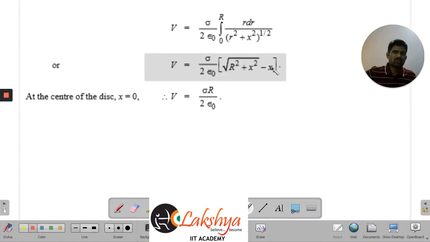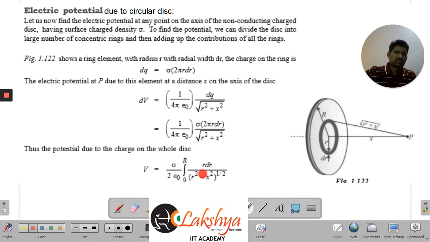If you do all those calculations, you can do further simplification. We use r is equal to x tan theta, by using this triangle.